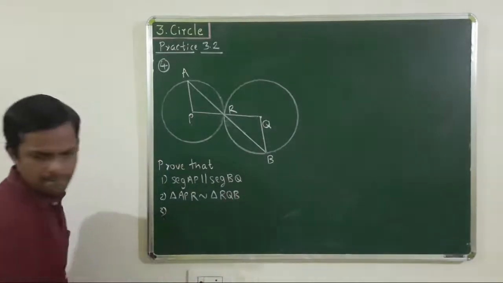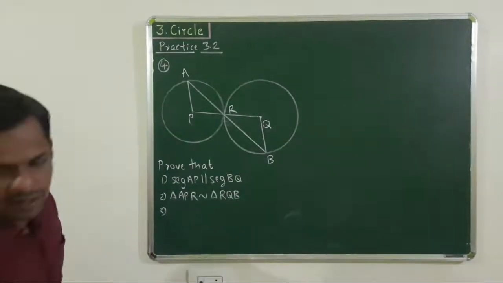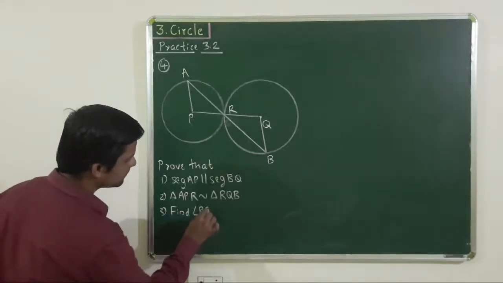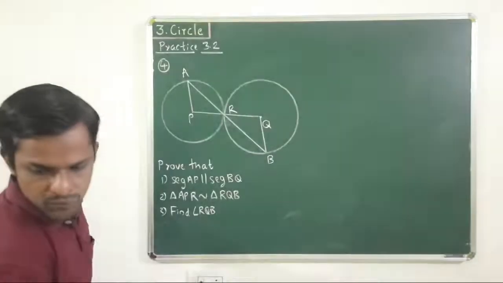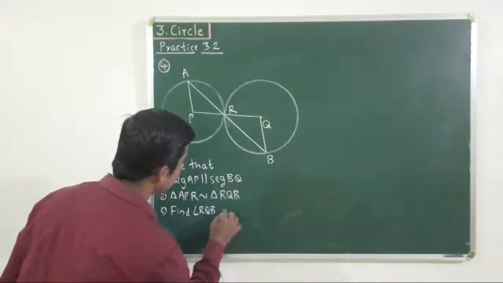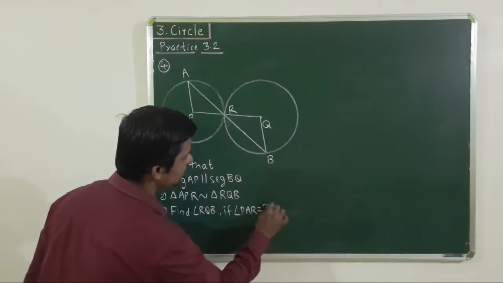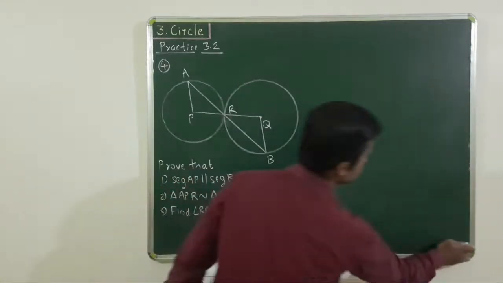Number 3, find angle RQB, if angle PAR is given as 35 degrees.